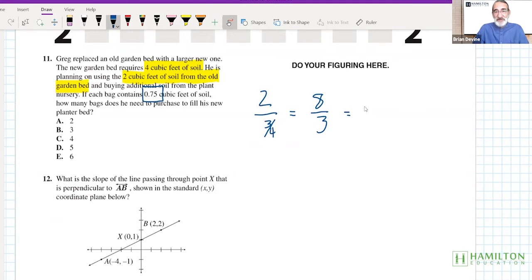And now, note, that's going to be 2 2/3. And Greg, pardon me, I keep saying me because I was actually gardening the other day and upped my volume of soil by not as much, but just a little bit. But he's going to need to get 3 full bags. And so B would be the correct answer.